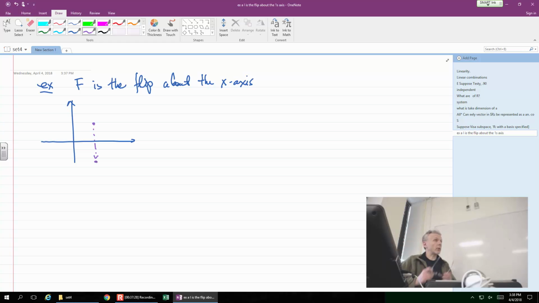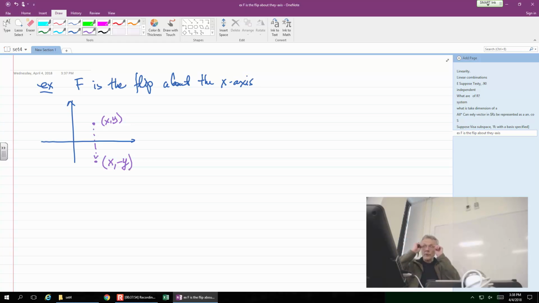You don't have to go all the way back, you can just ask yourself what the formulas are. So where does (x, y) go? Where does (x, y) go? (x, negative y). That's all. So x is the same, and it's like a piece of paper flipped.